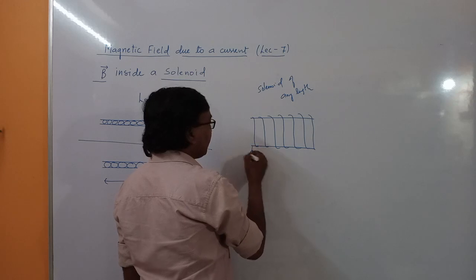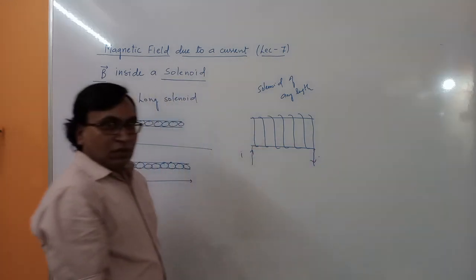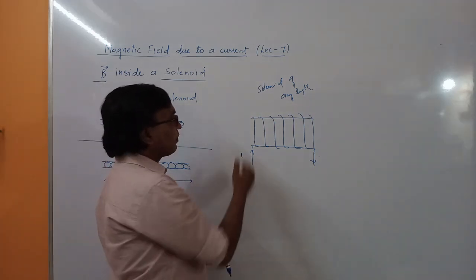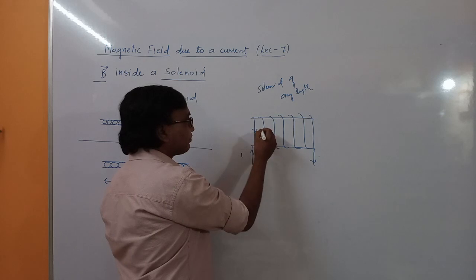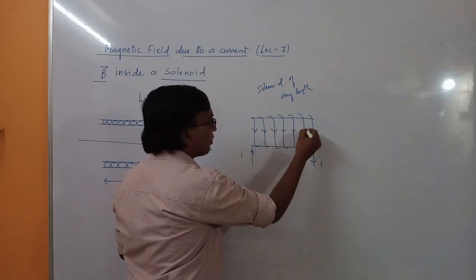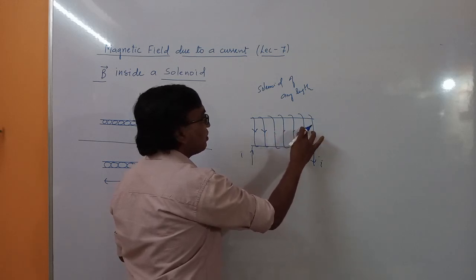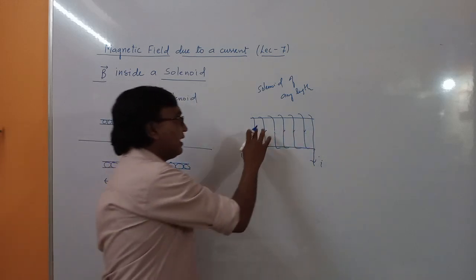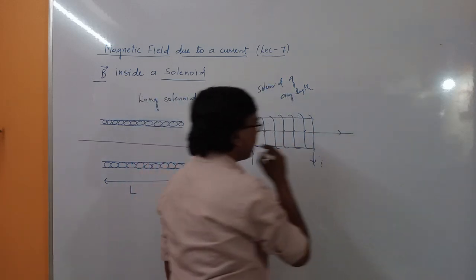So current entering here, current coming out. Current is coming out from here. So we'll show only one arrow. Now we want to show the magnetic field direction. It's coming out, so the magnetic field line will be like this.